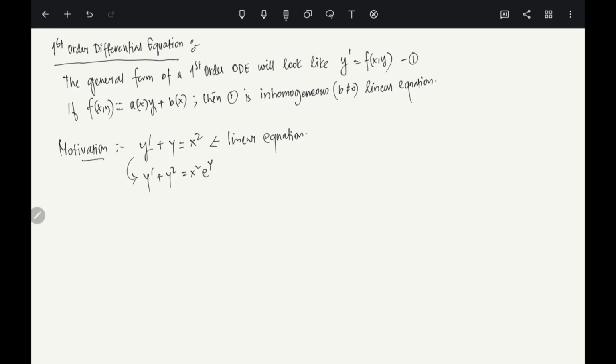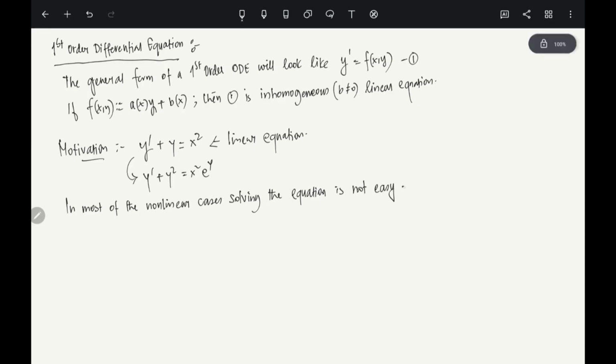What I am trying to say is this: in most non-linear cases, solving the equation is not easy, or it may be very, very difficult.